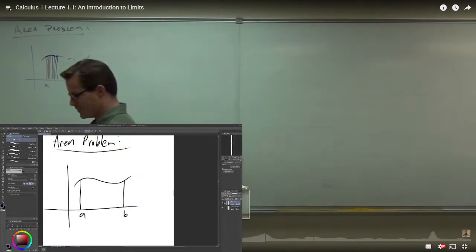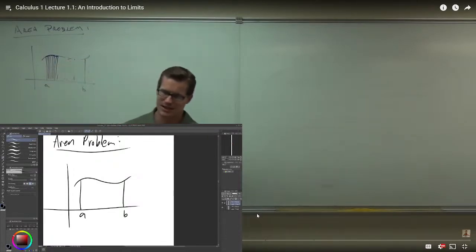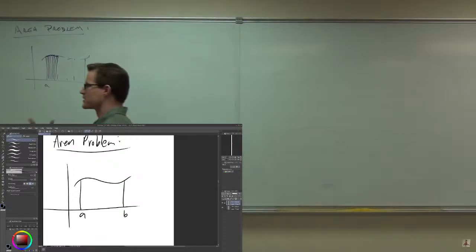So, let's define a limit. What a limit says in English is, what does the function do as a variable approaches a given value? That's what it says in English. So, limits.